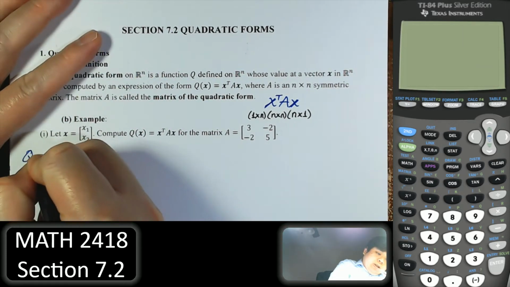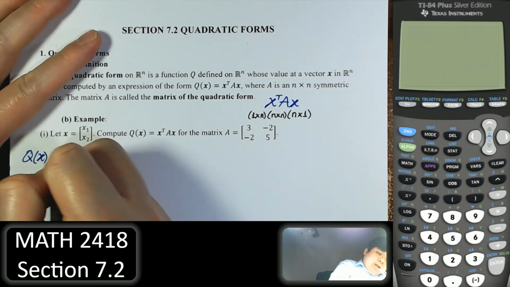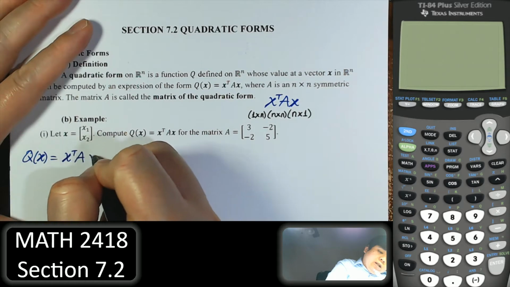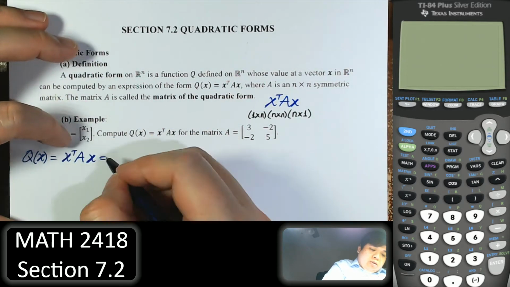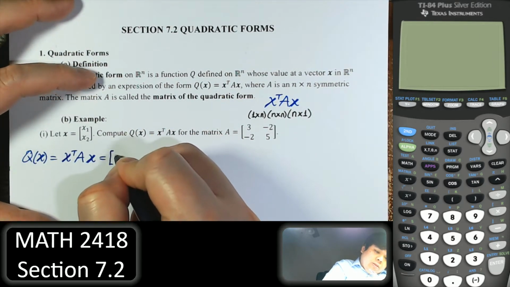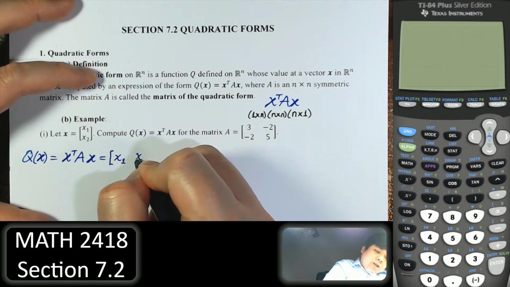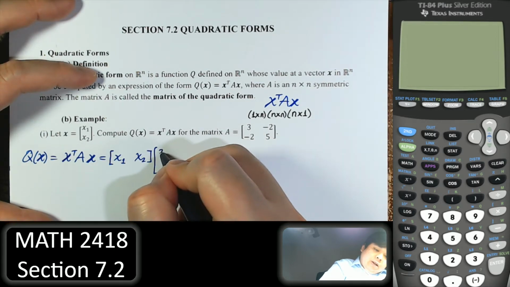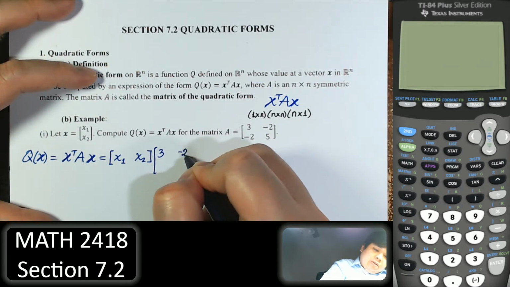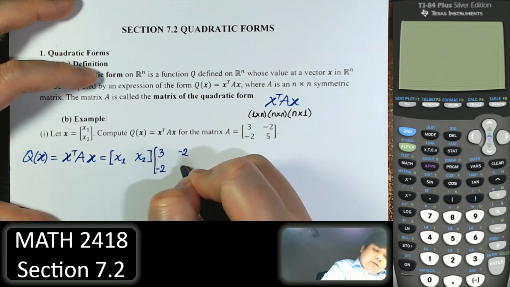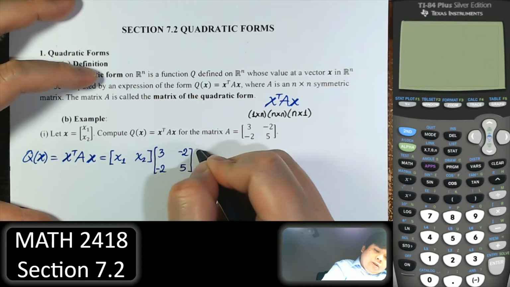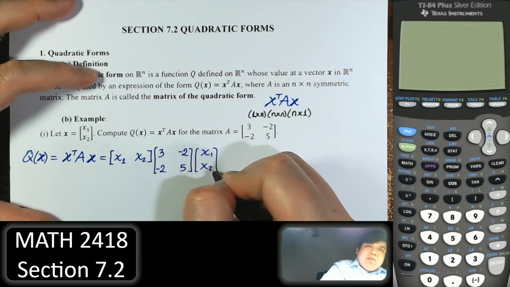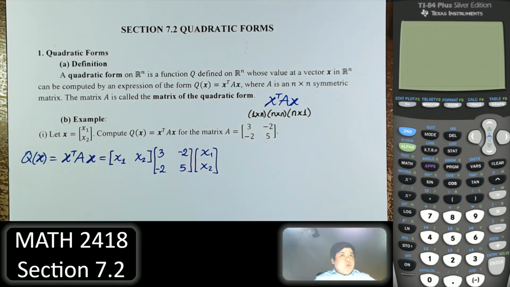So we're going to have x transpose Ax: x transpose, which is x1, x2, times the matrix 3, -2, -2 and 5, times x1, x2. Simple enough, it's just matrix multiplication.